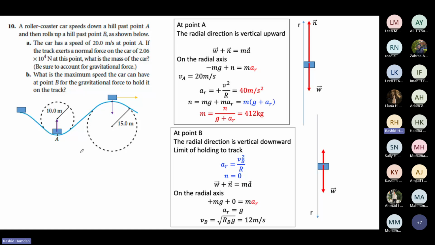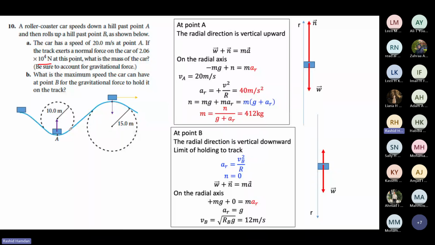So we have a roller coaster car in the amusement park. It started here, went down past A, then went up and came back, reaching point B here. So this is point B. If the track exerts a normal force on the car of 2.6 times 10 to the power 4 newtons at this point, what is the mass of the car?